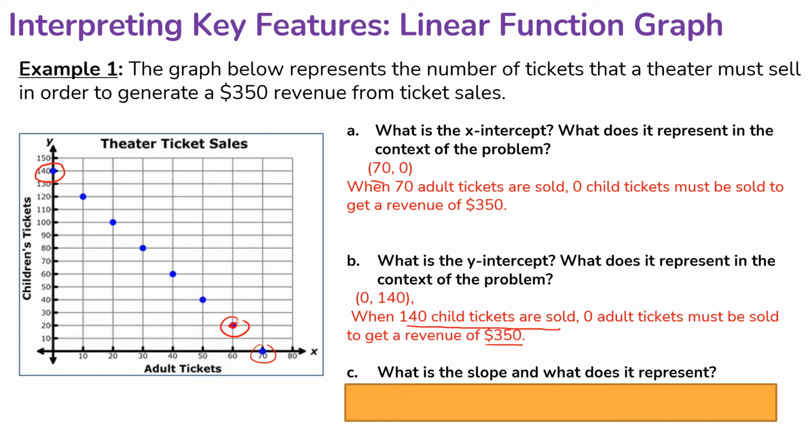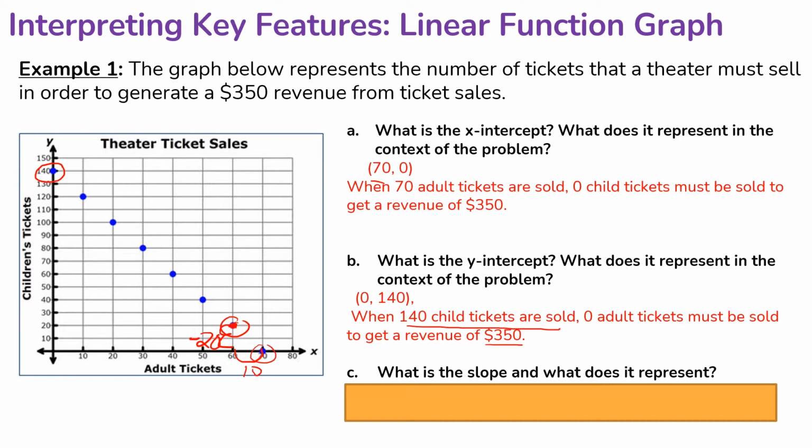So if you notice for our y-axis, this graph is going by tens. And so I'm going to start here and count down. 1, 2. So my rise would be -2. I'm going to go over 1 space. And so my rise would actually be -20 because it's going by tens. And so my run would be 10.